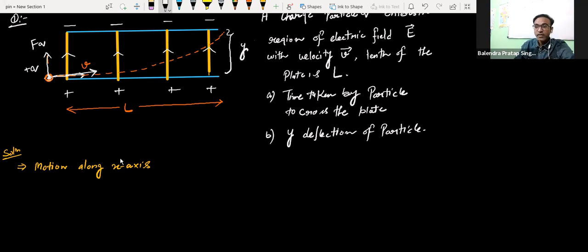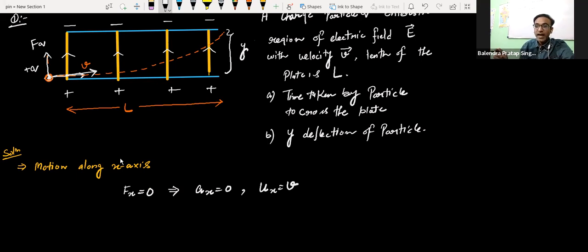So no force acts along the x-axis, because the only force is the force due to the electric field, and that's in the y direction. So no force along the x-axis means no acceleration. As I told you, the initial velocity ux is equal to v.